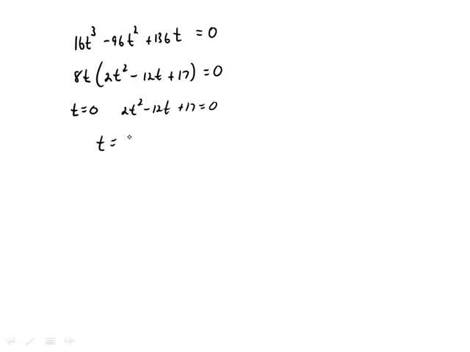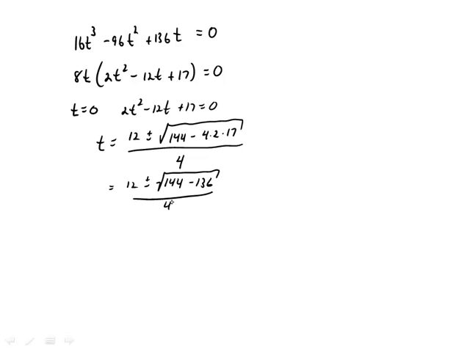So t is equal to 12 plus or minus the square root of 144 minus 4 times 2 times 17, all over 4. Of course, 17 times 8 is 136. So this is 12 plus or minus the square root of 144 minus 136, all over 4, which equals 12 plus or minus the square root of 8 over 4, which is 6 plus or minus the square root of 2, over 2.